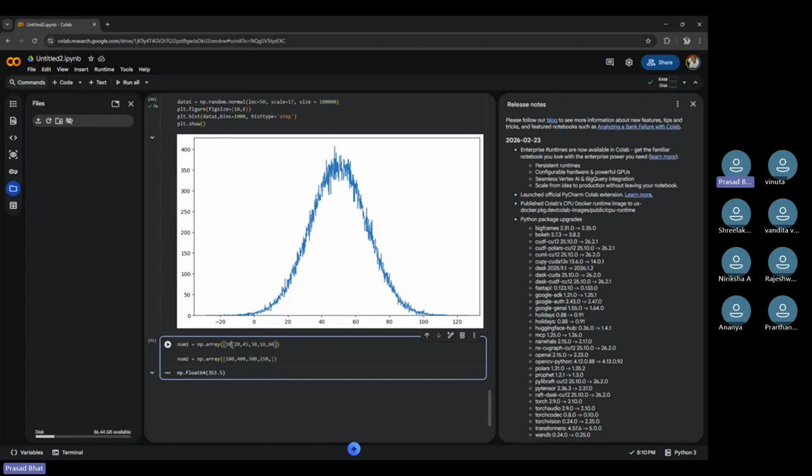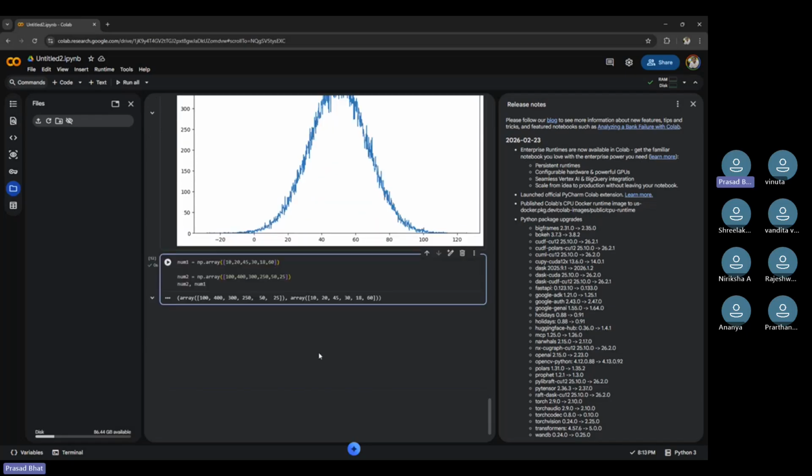How many are there? 1, 2, 3, 4, 5, 6. We have 4 already, so let's write maybe 50, 20. So num1 and num2, these are the two arrays.